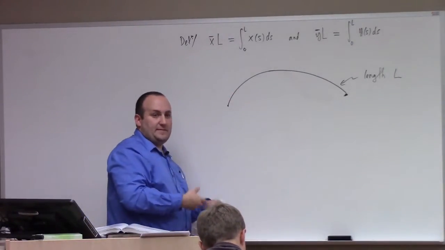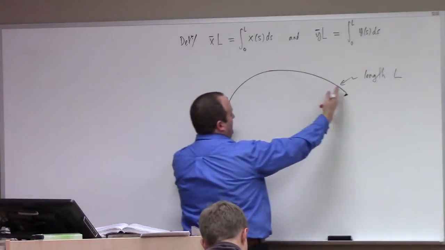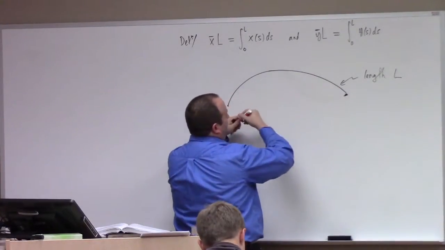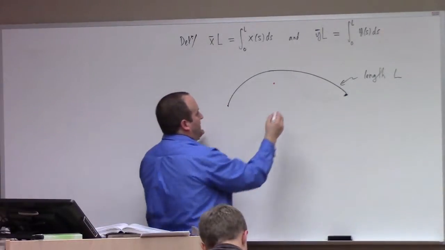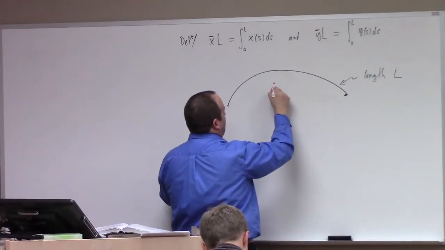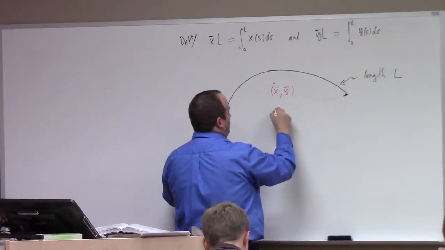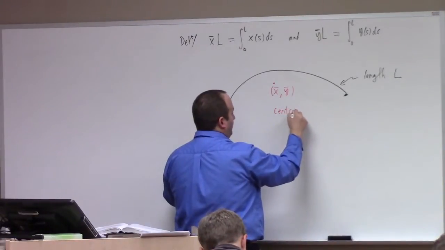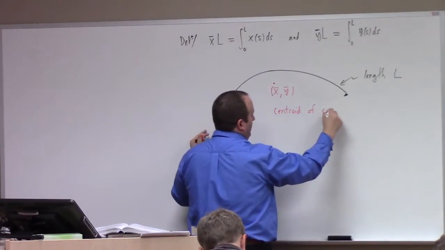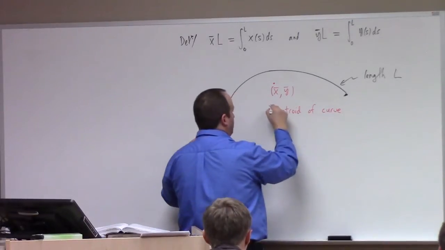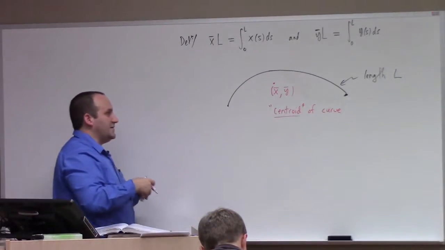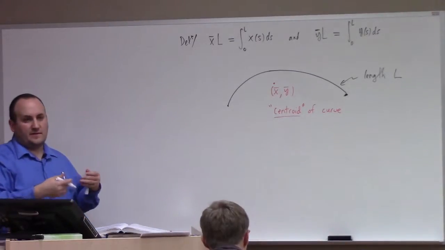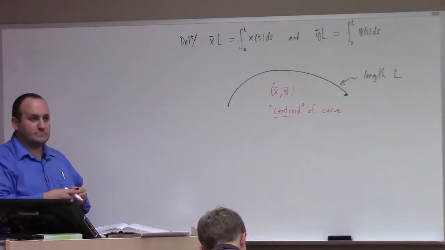It's not on the curve, right? So just eyeballing it, something like here. This would be the coordinates x bar, y bar. This is the so-called centroid of the curve. If you want a physical explanation, if the curve has equal density, this would be its center of mass, right?